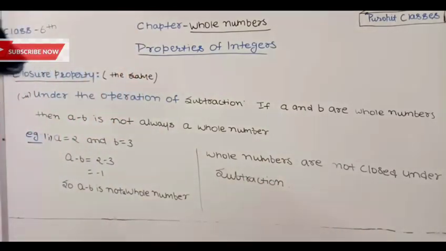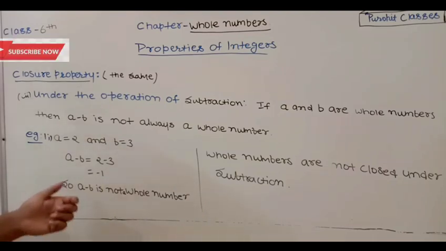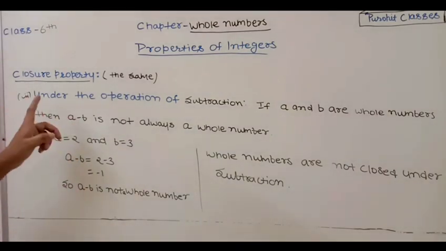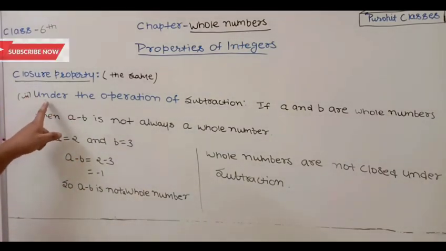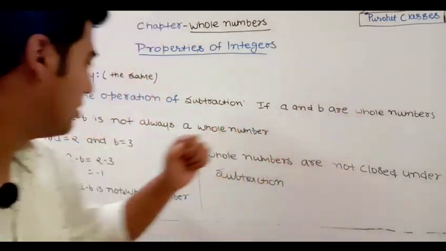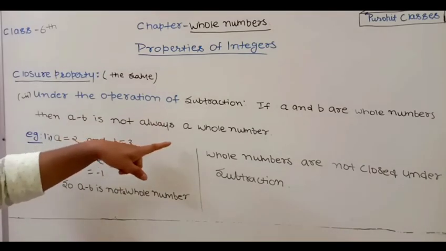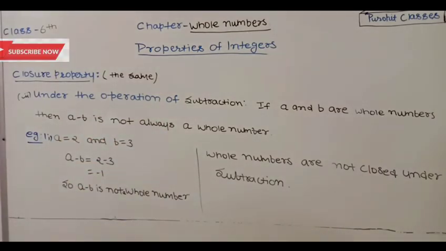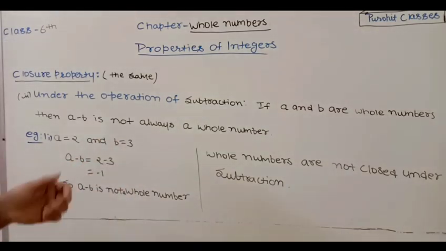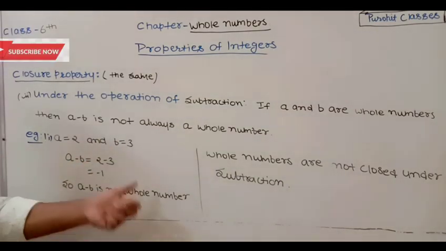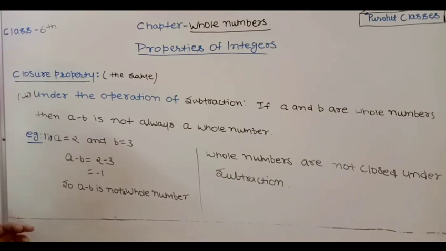Okay. Now what is your work? You will check it in the next part: under the operation of multiplication, if a and b are whole numbers, then a into b is, and after that you have to check whether their multiplication is a whole number or not, and then with the help of an example you will make it understood. You will do that yourself.